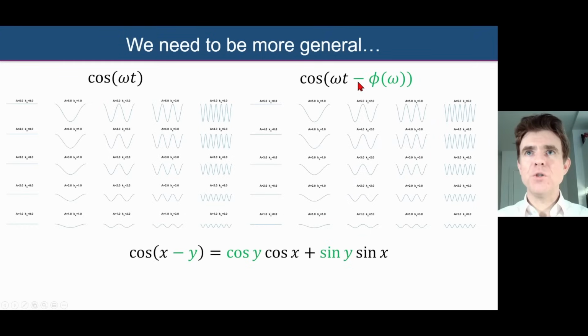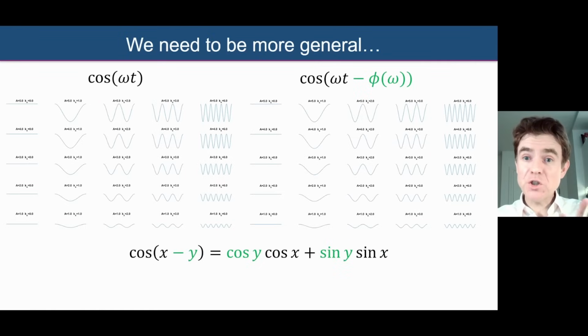So this is cos(omega t minus the phase shift) for a particular frequency omega. And we just recognize that that phase shift, if I simplify it here, can be expressed as, look what we've got, a cosine with no phase shift, a sine with no phase shift, where you can see that the phase shift of the cosine is taken care of just by the amplitude of a cosine with no phase shift and a corresponding amplitude of a sine with no phase shift.